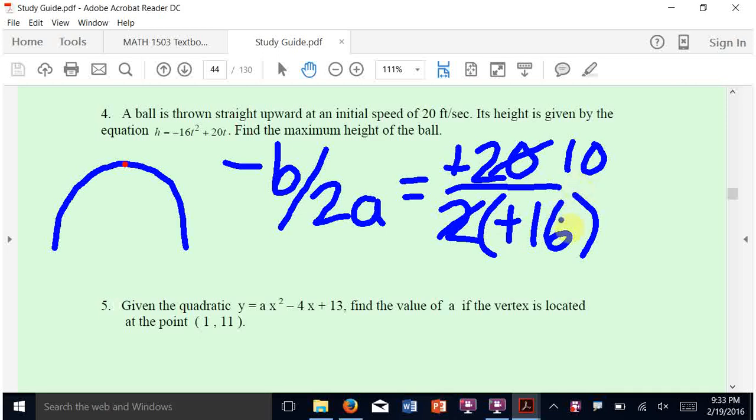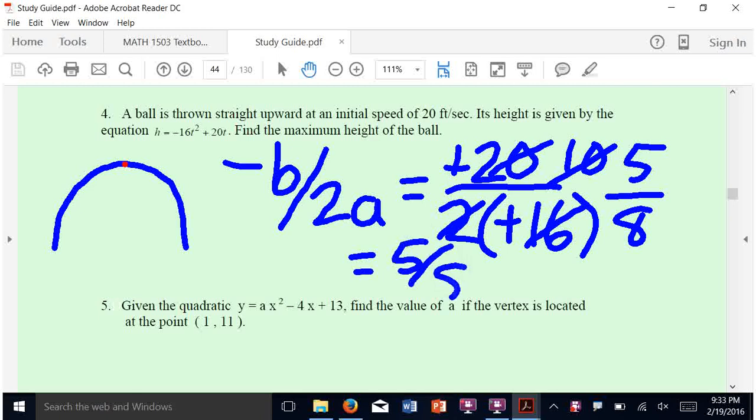So we have 10 over 16. We can reduce this further also, because 10 and 16 have a common divisor of 2. So 10 divided by 2 is 5. 16 divided by 2 is 8. So we are left with 5/8.